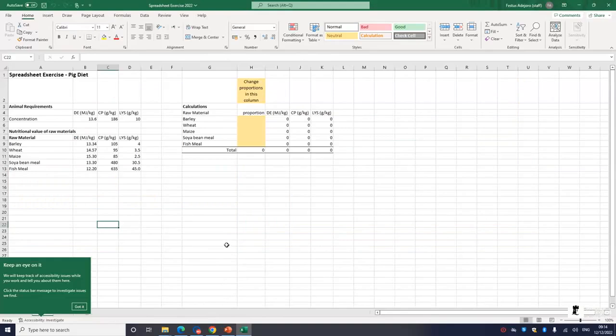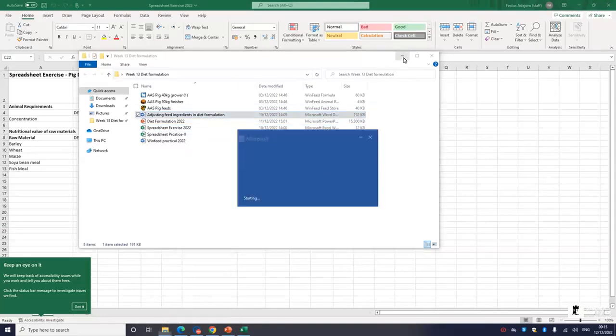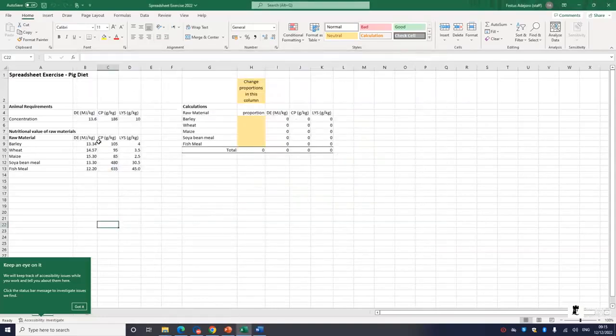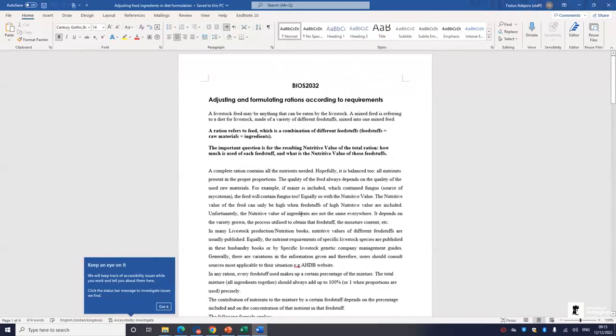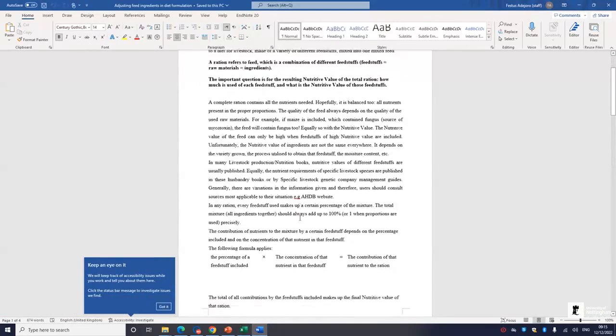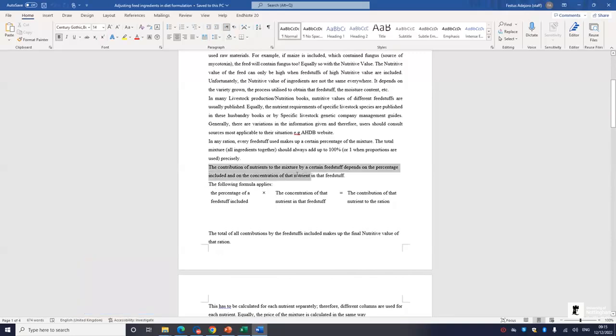So basically, for example, we want to look at this nutrient requirement. For example, the contribution of nutrients to the mixture by a certain feedstuff depends on the percentage included and on the concentration of that nutrient in the feedstuff.